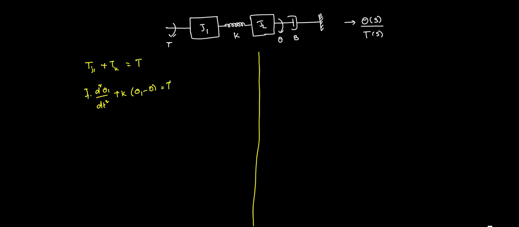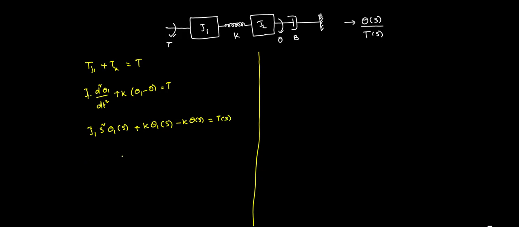Now if I apply the Laplace transform to this system, what I can write is J1 s square theta 1 of s plus K theta 1 of s minus K theta of s is equal to T of s.